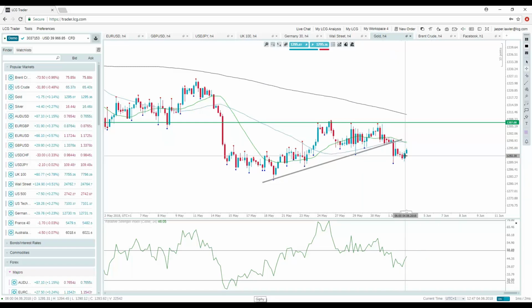So we're consolidating after this break of the trend line, mainly because if you put it in this context, we're also a bit sideways here. This is quite sideways action, so it's not going to immediately drop off a cliff here. It's probably going to chop around while we're above this low.